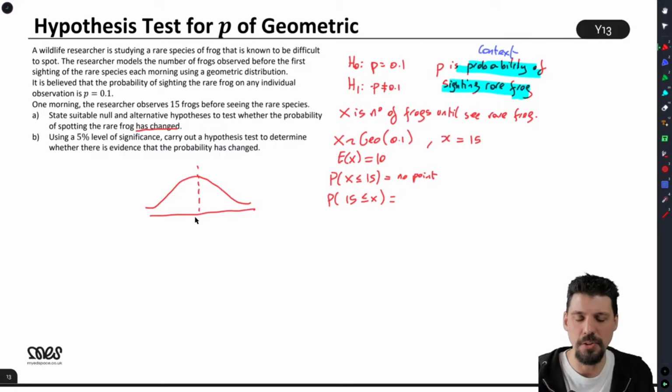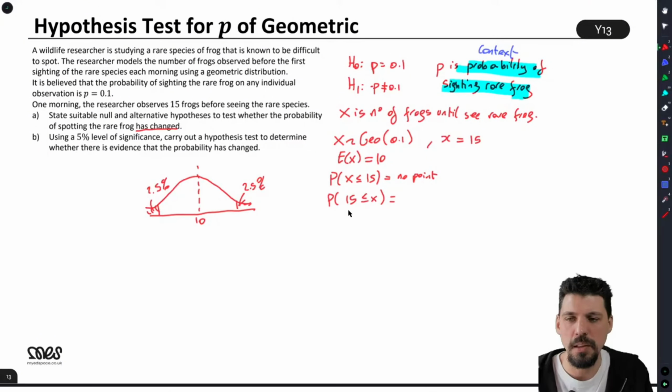We'll get the calculator to show us in a second. But if my mean is 10 and we are looking to see if something falls in the bottom 2.5% or in the top 2.5%, if I got a number of frogs that is above average, there is literally no way it's going to land in the bottom 2.5%. So it's completely pointless. Instead, we are going to look up here at the top end.